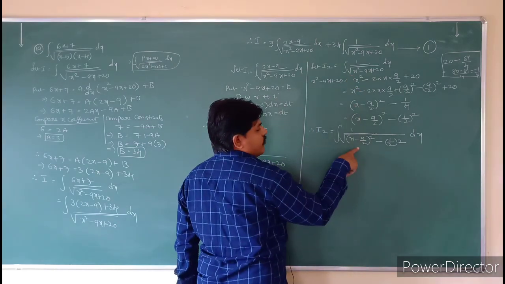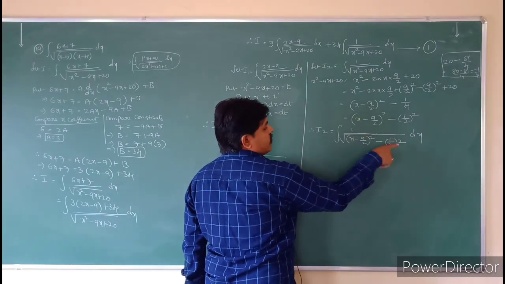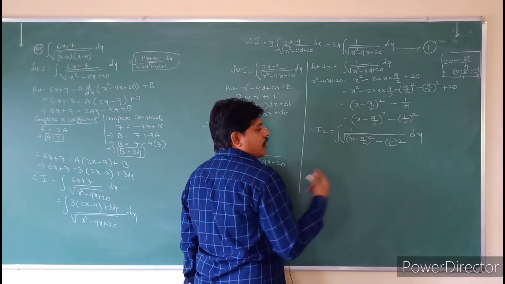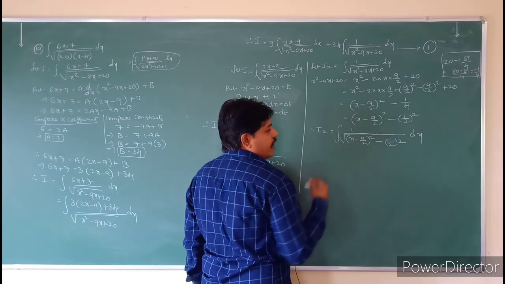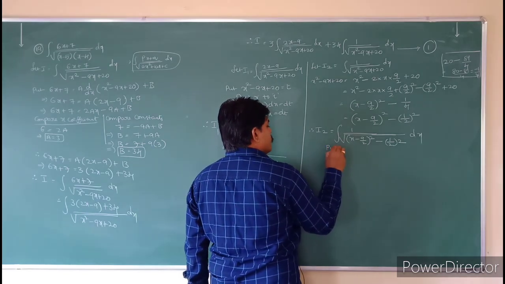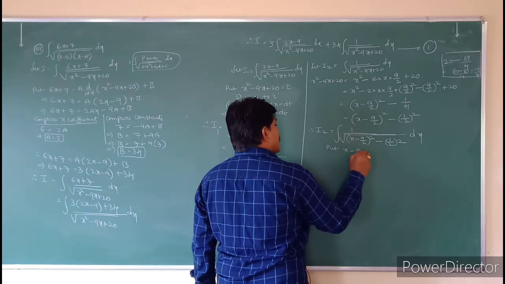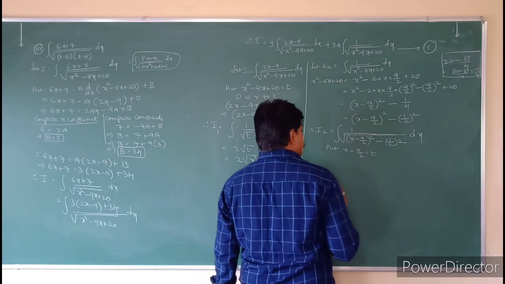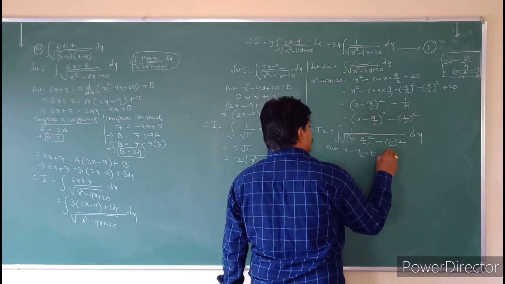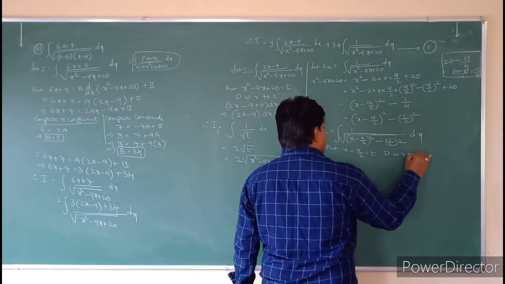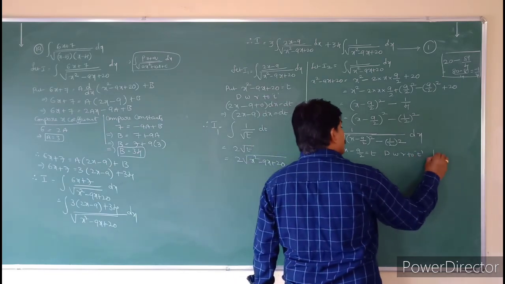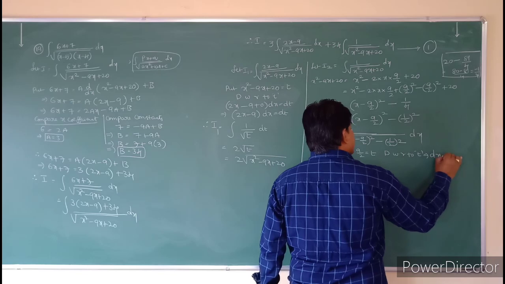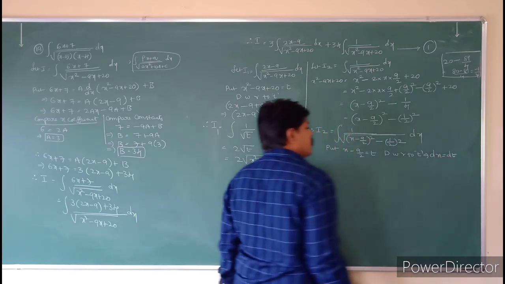So the denominator I am changing as x minus 9 by 2 whole square minus 1 by 2 whole square, but it is not the original form. So that's why this x minus 9 by 2 you can take as t. Put x minus 9 by 2 is equal to t. Differentiate with respect to t. So what you will get is dx is equal to dt.